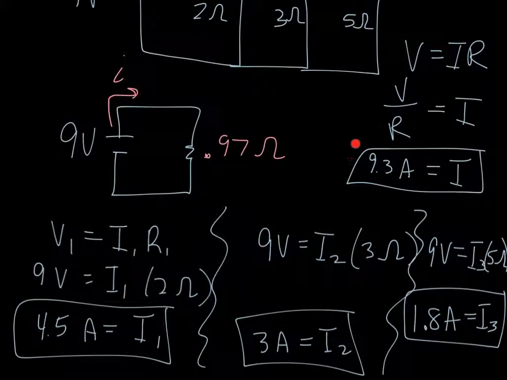The total was 9.3. I just subtracted these two and got 1.8, because I know that if I add up these currents, I'm going to get 9.3. 4.5 and 3 is 7.5. Another 1.8 makes 9.3. So in parallel, we recognize that the overall current is equivalent to the sum of the currents in the individual resistors.